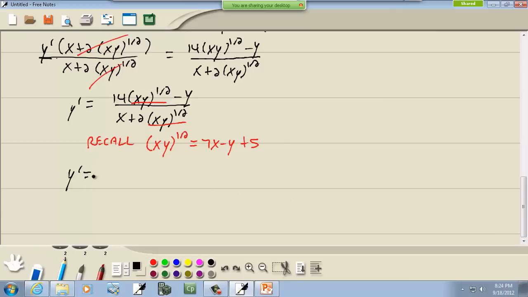So we got y prime is equal to 14 times 7x minus y plus 5 minus y over x plus 2 times 7x minus y plus 5. By doing that, they get rid of the square root. So again, sometimes they'll use the original problem and plug it in at this point.